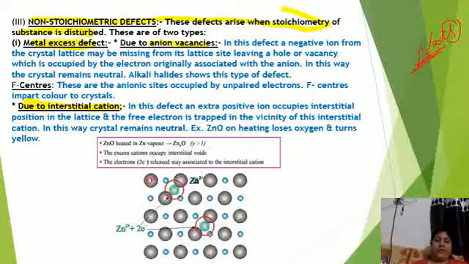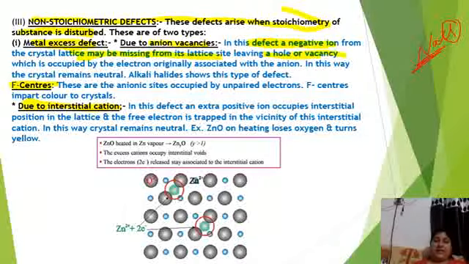Okay. What will happen over here? The negative charge ion, anion, gets missed from a lattice site. It goes away from its lattice site. When it moves from the lattice site, it will leave a hole or vacancy. This vacancy is known as F center.